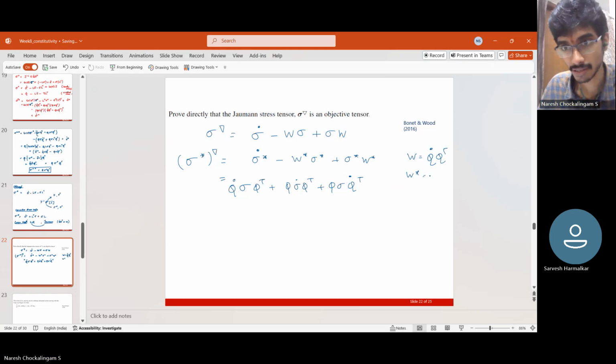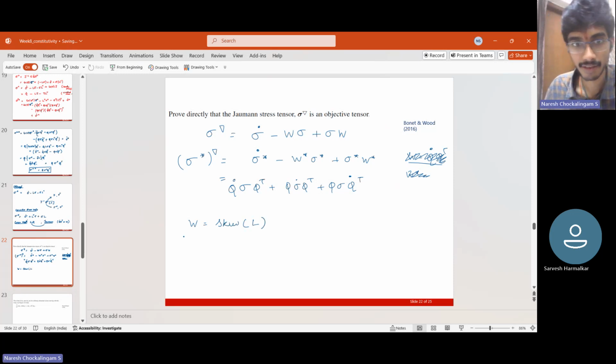W star is the skew symmetric part of L star.